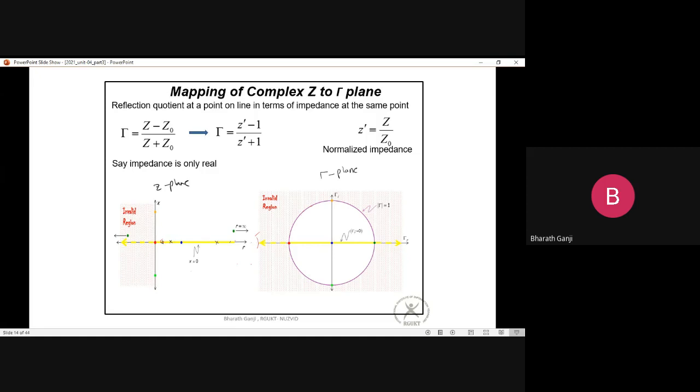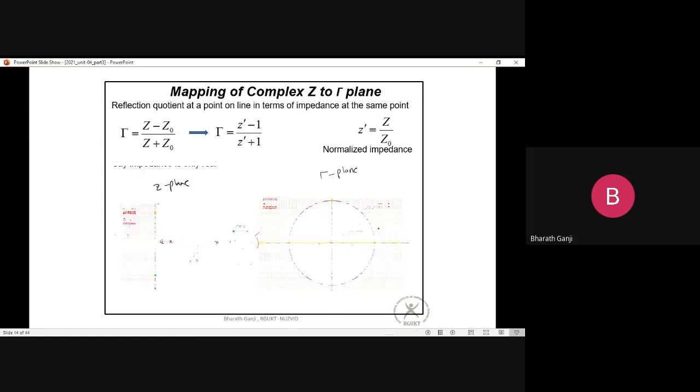That is, the impedance values at every point on this line can be mapped into reflection coefficients at every point on this line. And I can say that this yellow line is nothing but a line for which the reactance value of the loads is always 0. So that line indicates impedances for which the reactive impedance is always equal to 0.